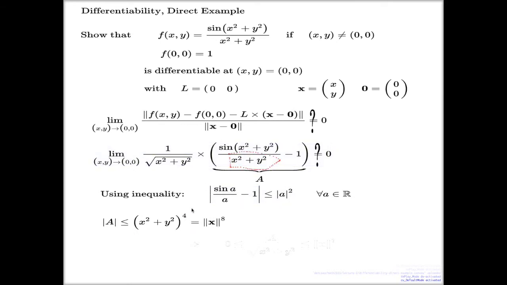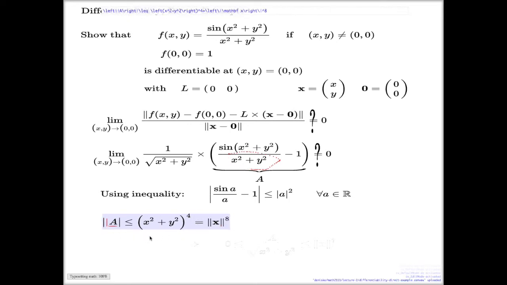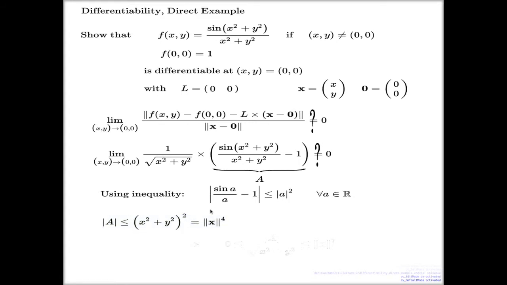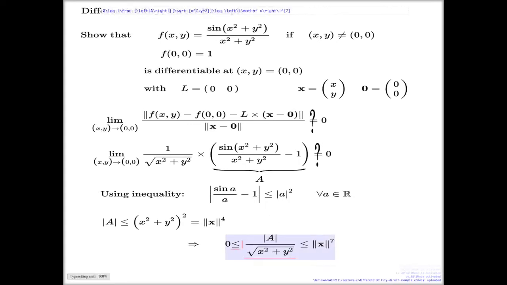Yeah, that's a squared. Why does it say 4? It's a typo, obviously. It should be square, which means this is the distance of x to the power 4. And so if I try to control this whole expression under the limit, it will be like this, with the correction for the typo, of course.